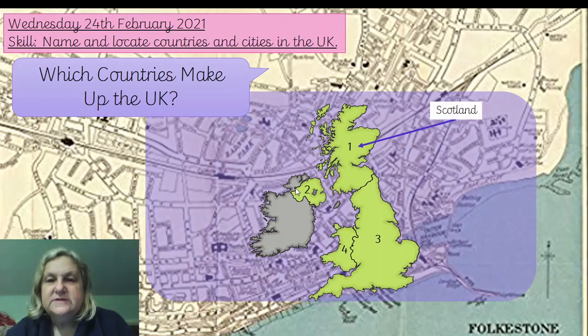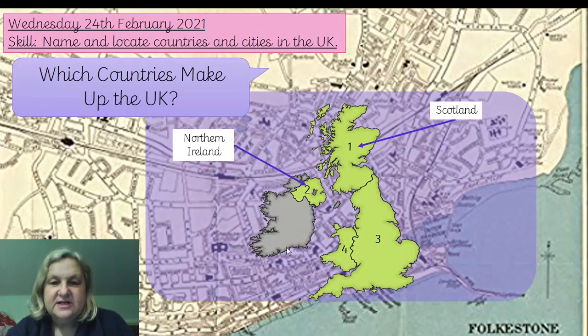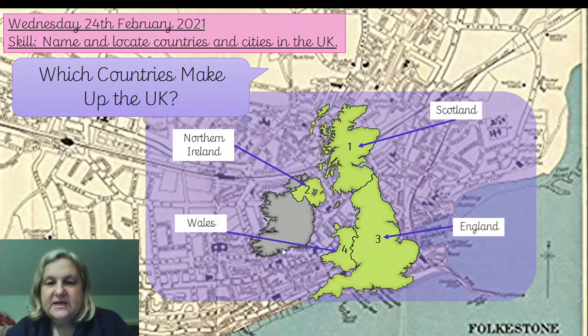We've got Scotland at the top here, northern part of our map. We've got Northern Ireland. This is the land mass of Ireland. Okay, Northern Ireland is linked to the United Kingdom, part of the United Kingdom. We've got England, the biggest of the 4. And we've got Wales on this side.